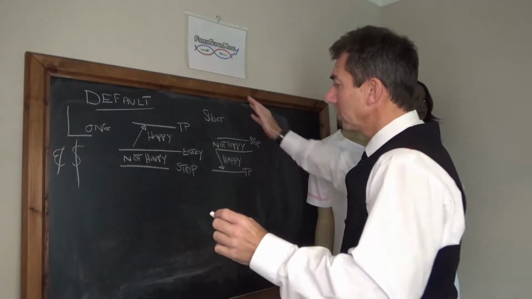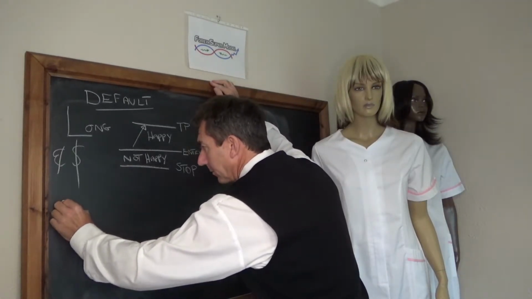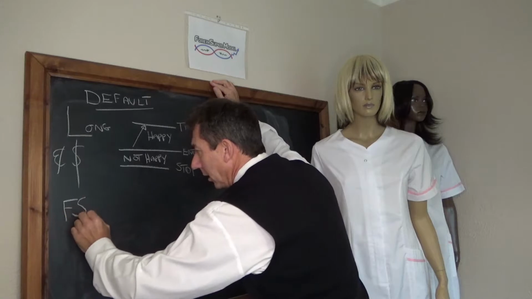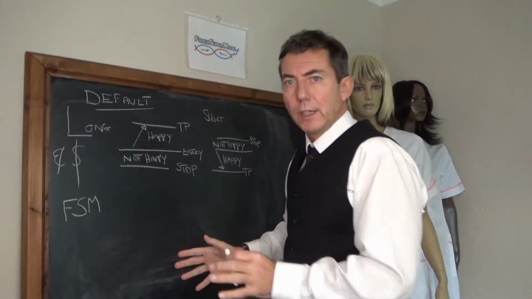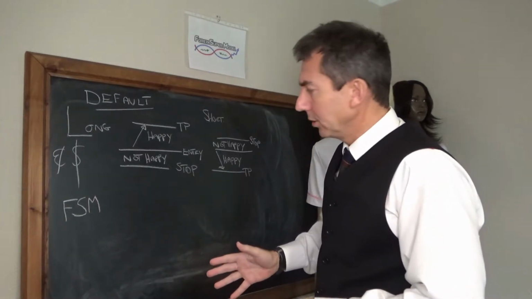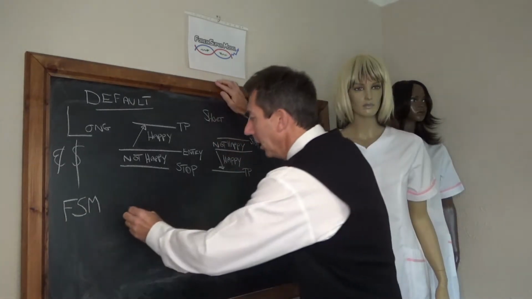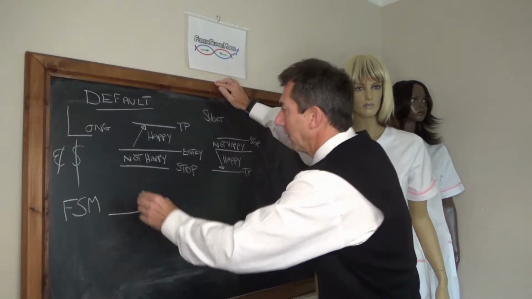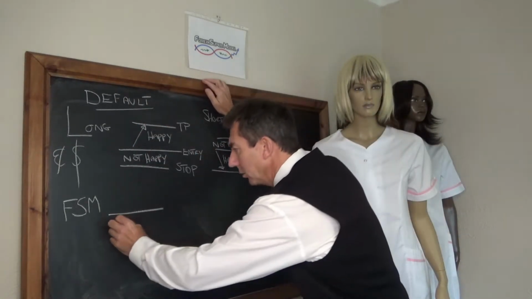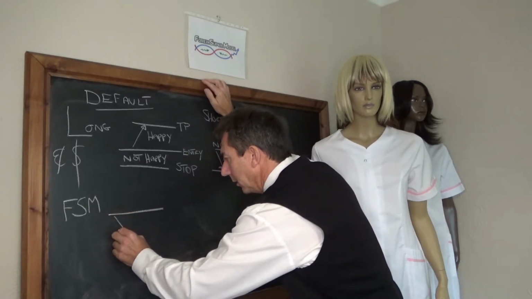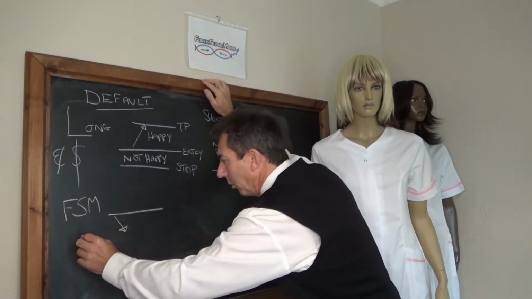Right, the Forex Super Model then, if we're trading it in the first phase, and there are phases to trading the Forex Super Model. First phase then, if we have an entry and we have a long entry, we want the market to go down. So this is what we want.